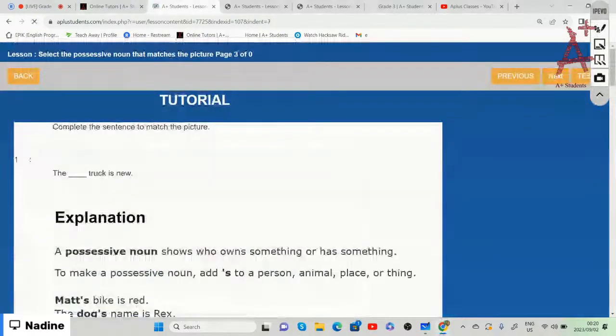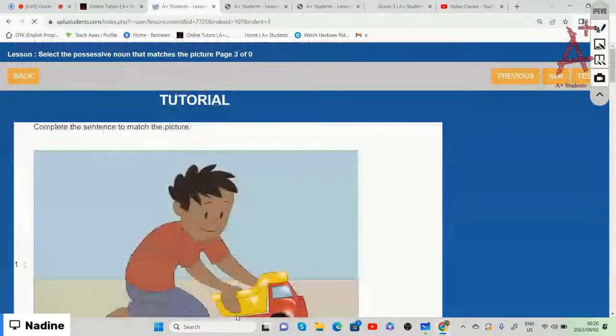All right, let's do the last few pictures. Because remember we said that we are just selecting the possessive nouns that match the pictures. So our focus is going to be on trying to match the different pictures with the possessive nouns.